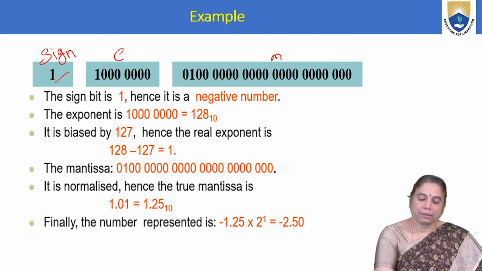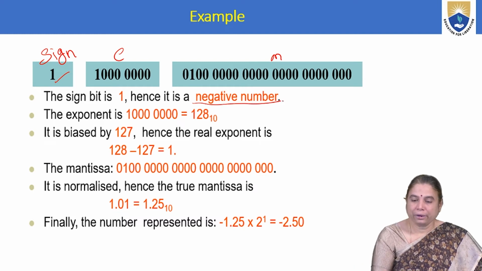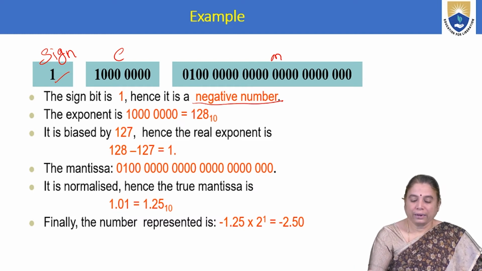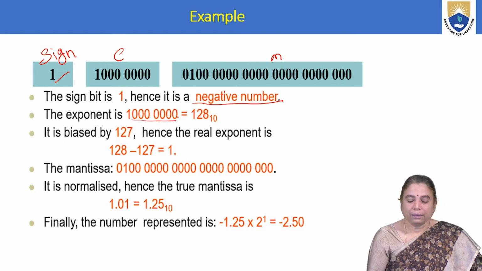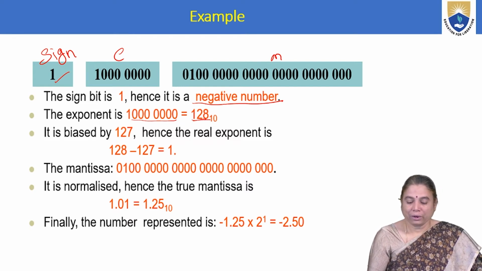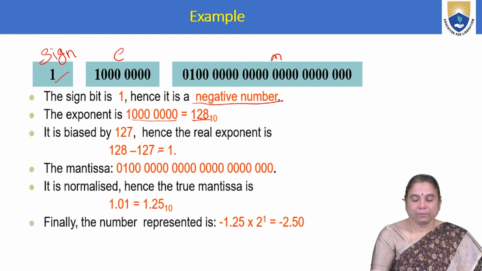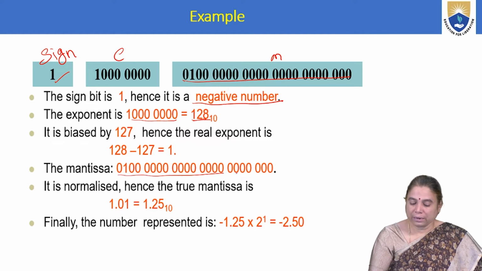Here the sign contains the value one, which represents that the number is negative, and the exponent is 1 followed by all zeros, which is equivalent to the decimal number 128. It is biased by 127, and 128 minus 127 is 1. The mantissa can be represented here with the remaining bits of the 32 bits. So this is the mantissa value.